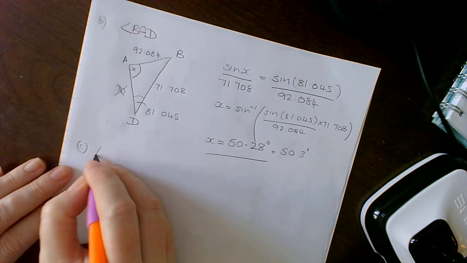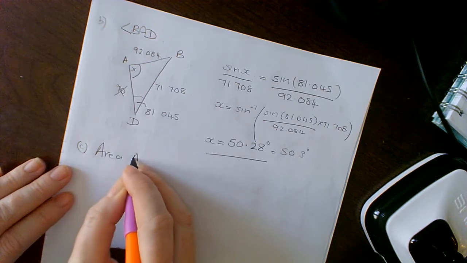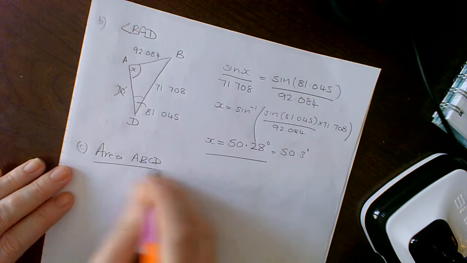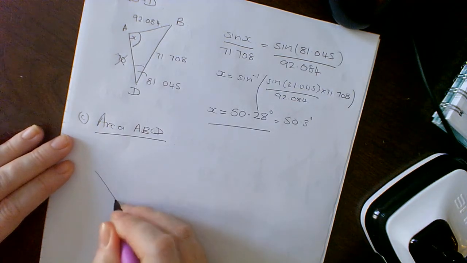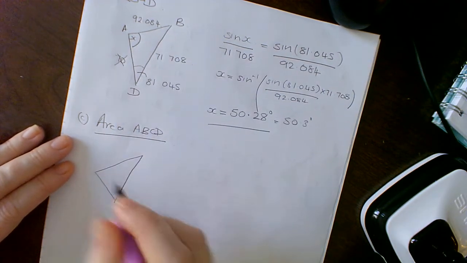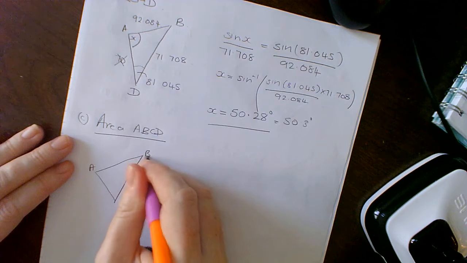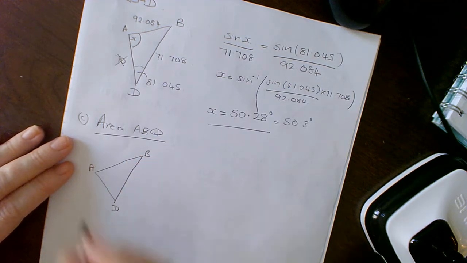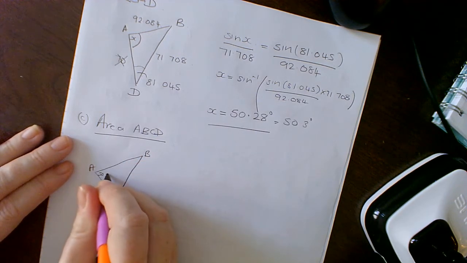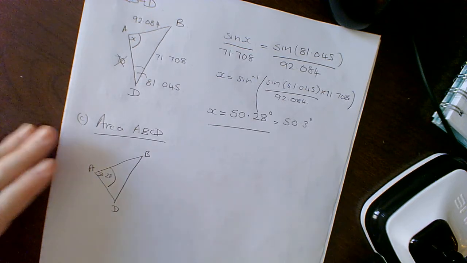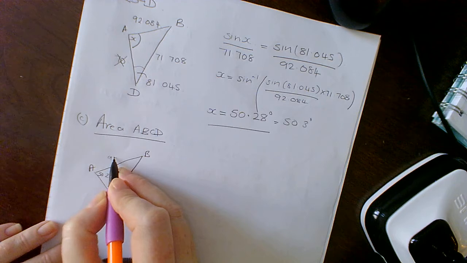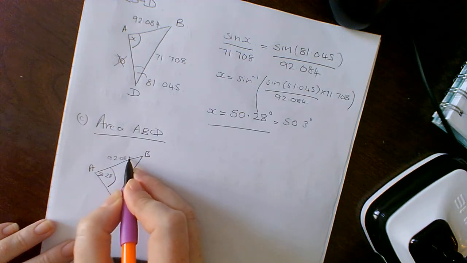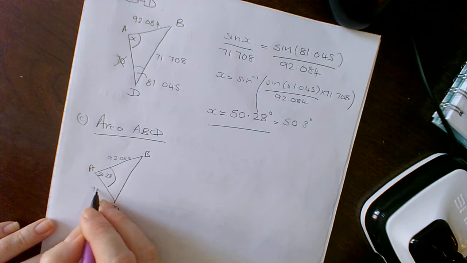Part C asks us for the area of ABCD. So here's where the work of every triangle comes into it. We've got ABD, the first triangle. We know that angle is now 50.28. We know this side is 92.084 and we know that this side is 70.